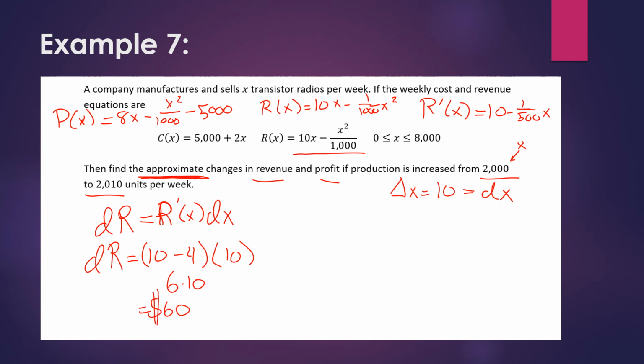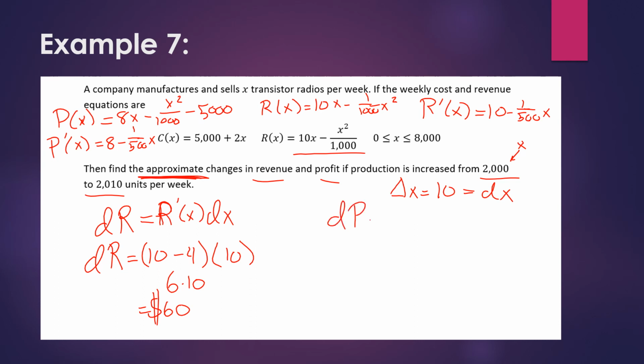So let's check our change in profit. So I need to take the derivative of the profit. So P prime, I'm going to get 8 minus 1 over 500x. And then the derivative of 5,000 is just 0.